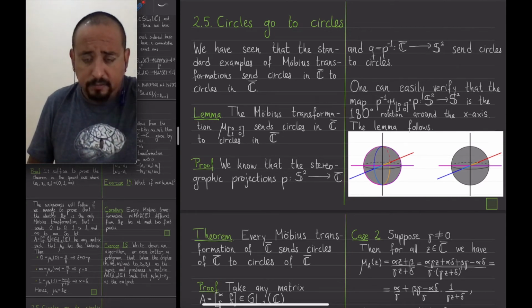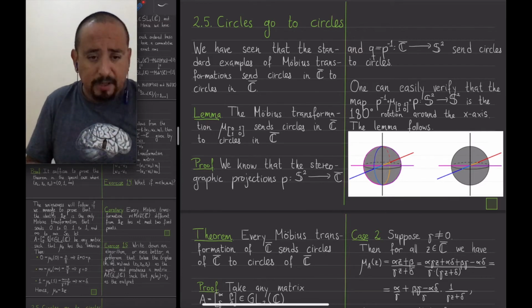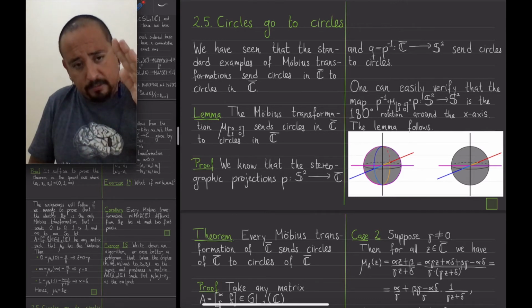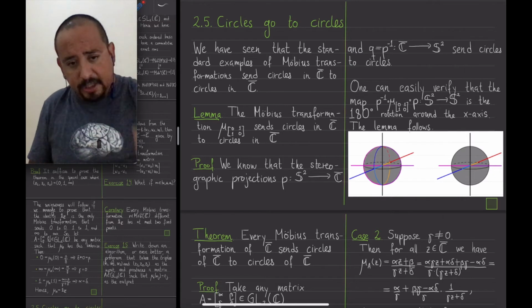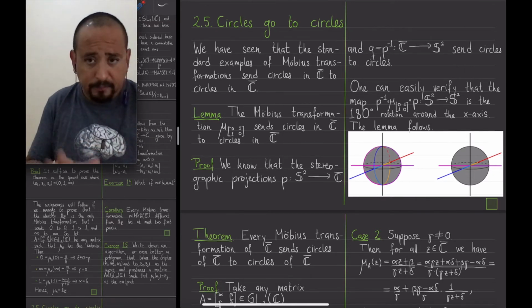So the image has to be this straight line union infinity, right? And vice versa. If you have a line, then you just take the unique plane that passes through the line, infinity and the North Pole, and then you notice that everything happens inside that plane. That was the first one.